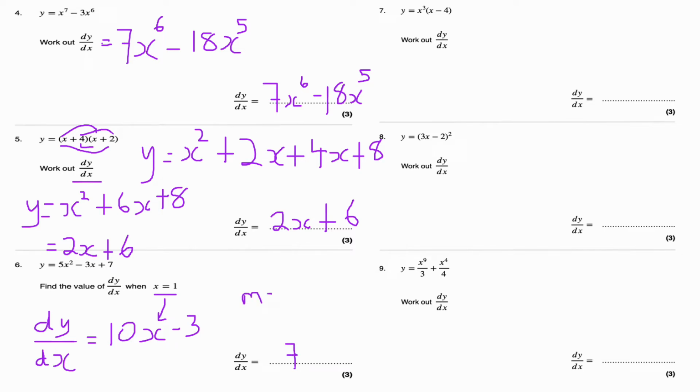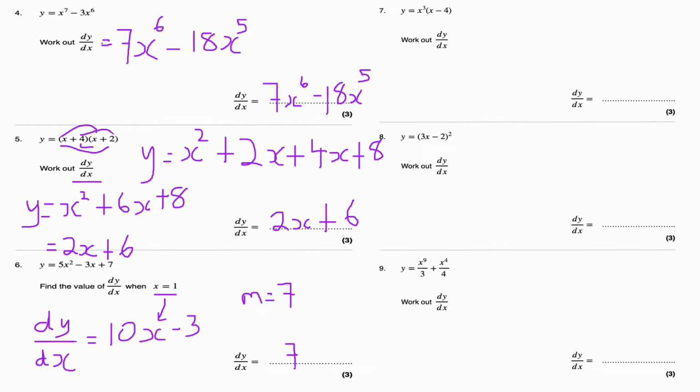When I sub in x equals 1 into dy by dx, it gives me the gradient at that point, and we will come on to that hopefully soon. But this works out the gradient at a particular point, because dy by dx works out the gradient of the curve or circle or whatever it is you're looking at, the straight line, or the trig graphs.